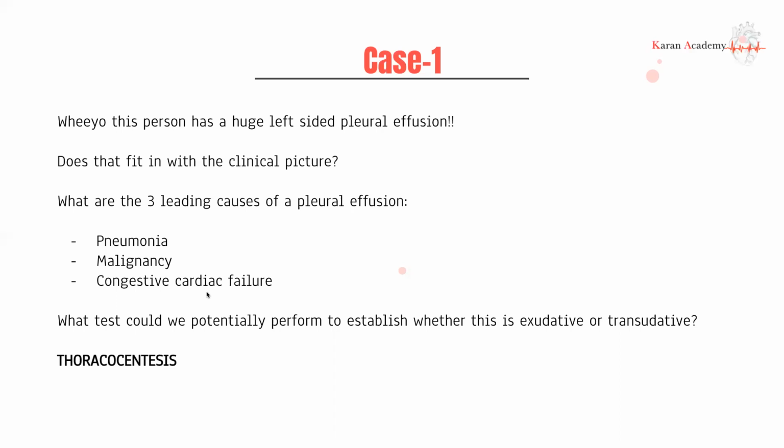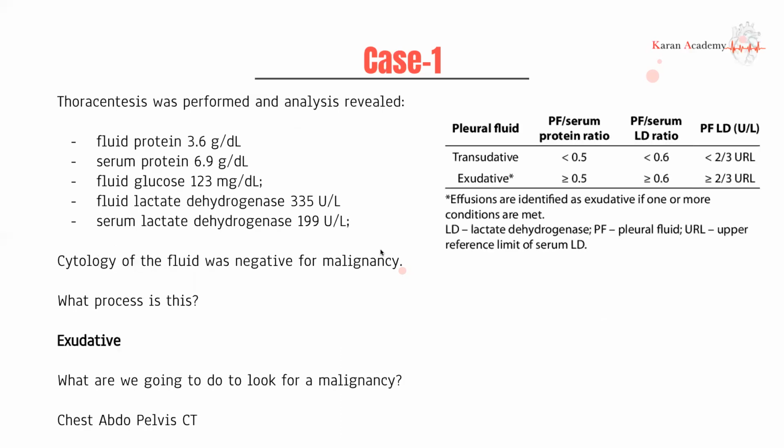And therefore, we ask ourselves, what test can we do to establish whether this is exudative or transudative? A thoracocentesis, which will both help with symptoms and give us that information to assess her against the Light criteria. So we take some pleural fluid. The protein in that is 3.6, and the serum protein is 6.9.